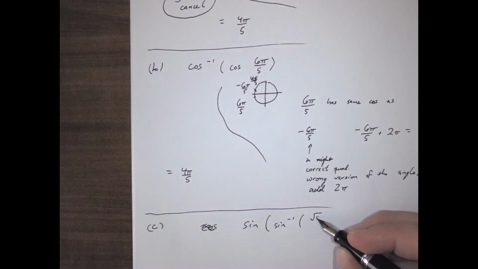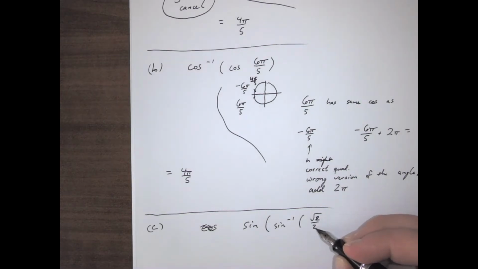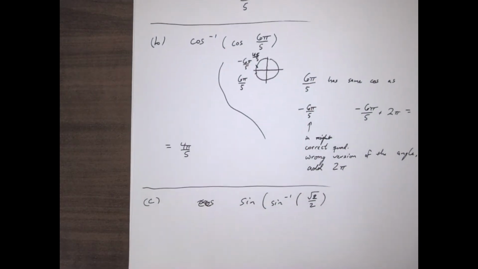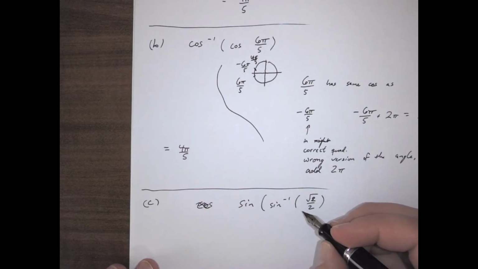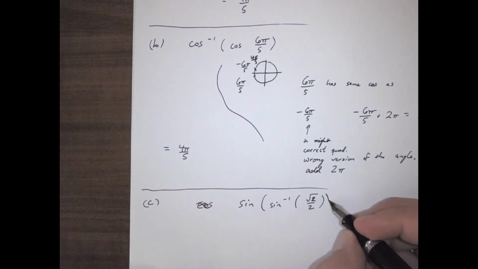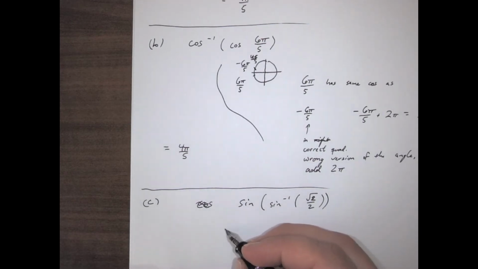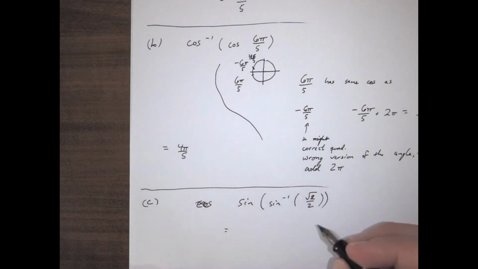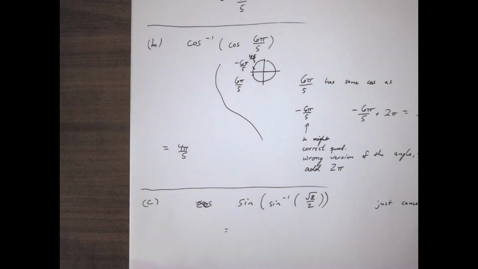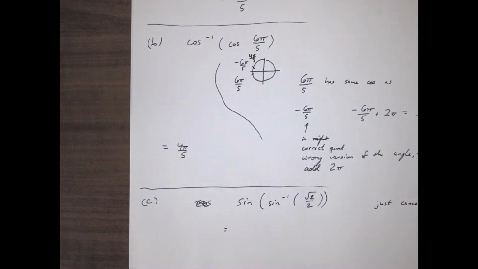Let's say it's root 2 over 2. The right domain of sine inverse is everything between -1 and 1. So as long as that number is in there, we're good. So they just cancel. And sure enough, root 2 over 2 is within the appropriate range.